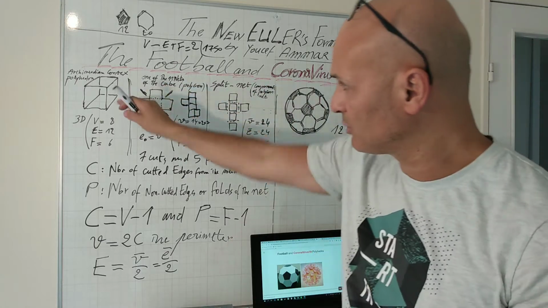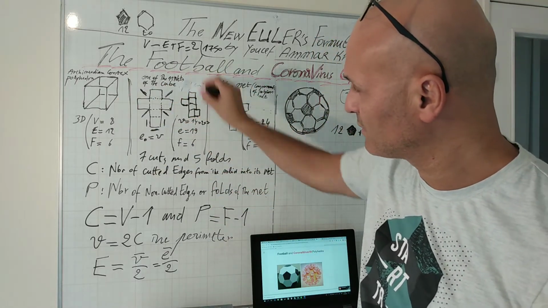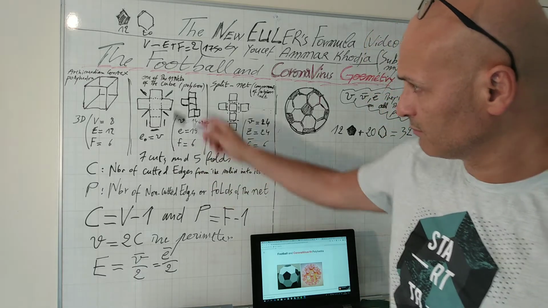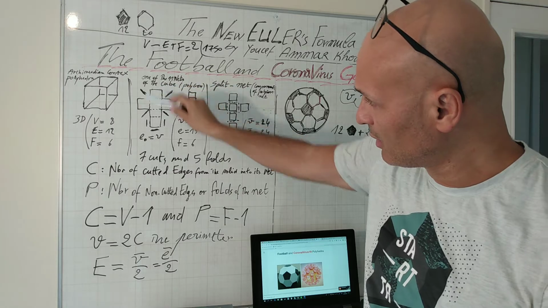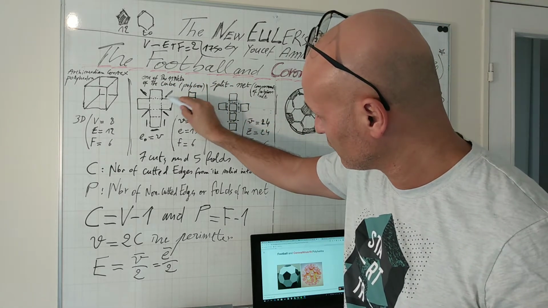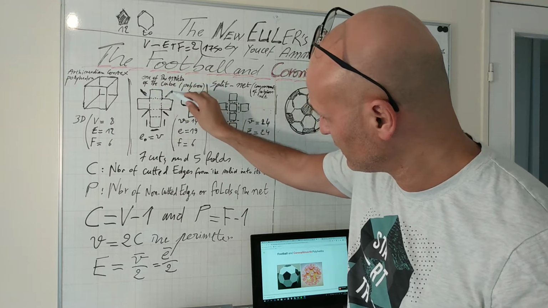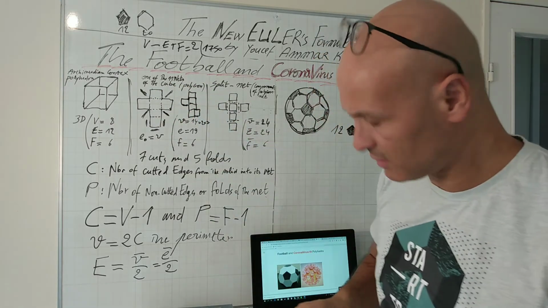When you flatten the cube, you get a pattern or a net. The most famous one is this cross, and as you can see here, those cuts made edges on the corners, and there are 7 cuts.